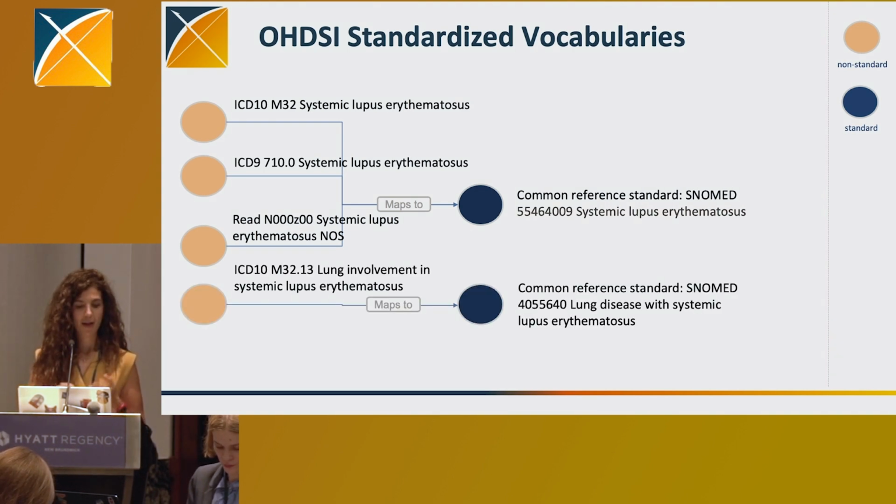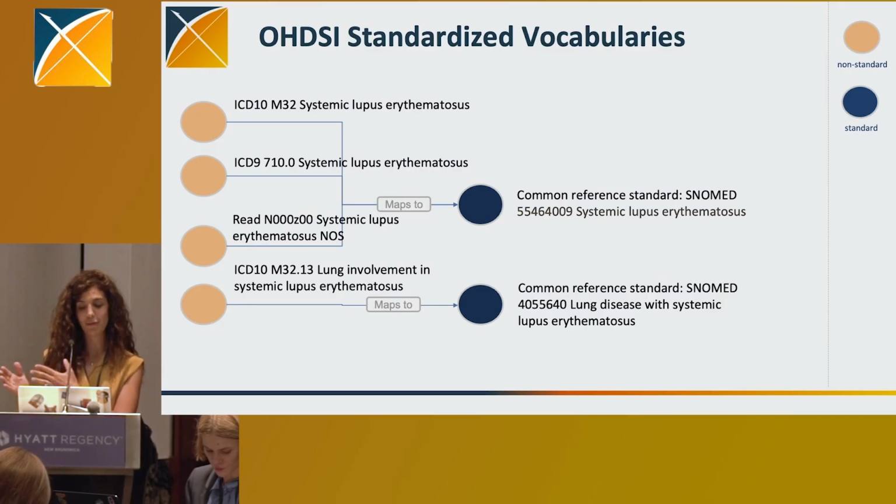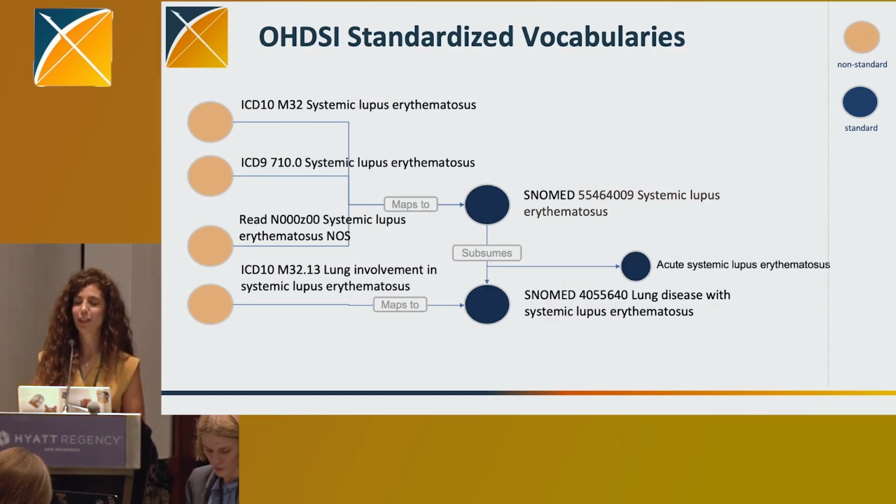That's nice. But if you're doing this on your own, you're like, okay, I found that code in SNOMED, and I'm going to take it with all its descendants. But wait, there's another ICD-10 code that says lung involvement in systemic lupus erythematosus. You might be worried that maybe you didn't capture that code because you don't know what it maps to. But indeed, it maps to a very similar term in SNOMED that says lung disease with systemic lupus erythematosus, and that happened to be a child of systemic lupus erythematosus.